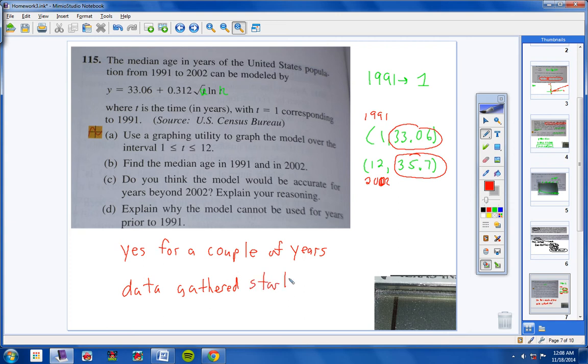So if you try to make any predictions from times before 1991, that's really not going to work, because the data you collected started with 1991 to 2002. So no, you really can't use the model. Maybe for 1990, but that would be about it. All right, moving on to the next problem.